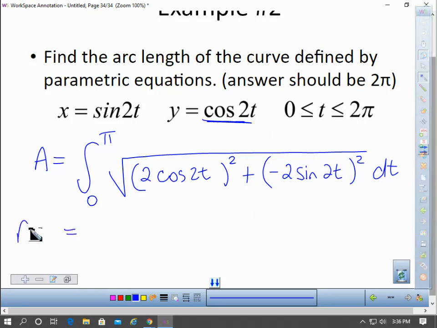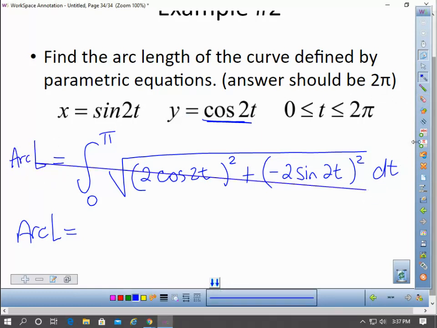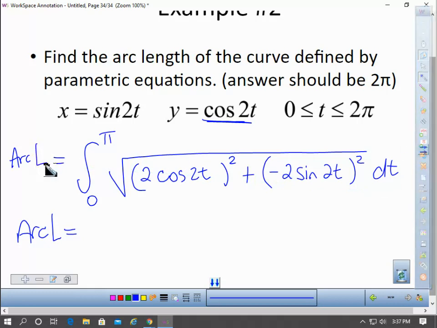So now to find my arc length, L for arc length, because A does look weird since it looks like area. All right, so now I'm going to go from 0 to pi. So what do I get here?